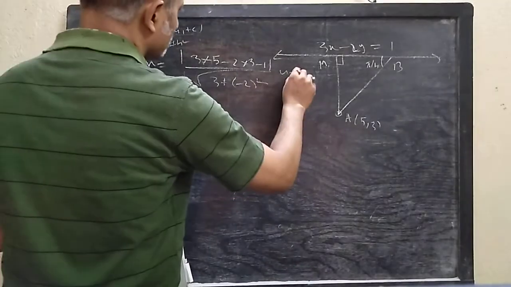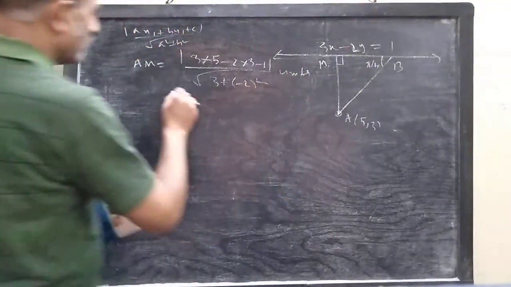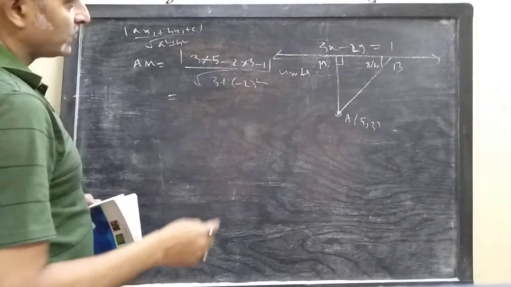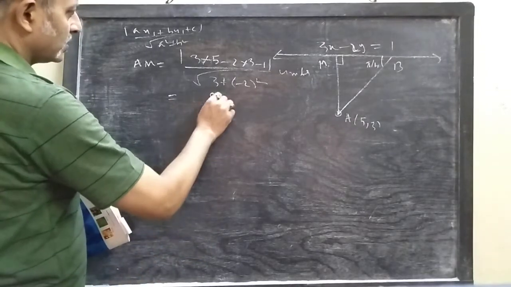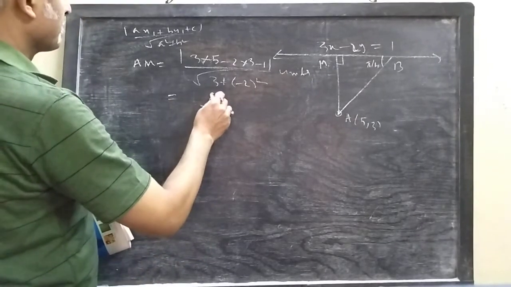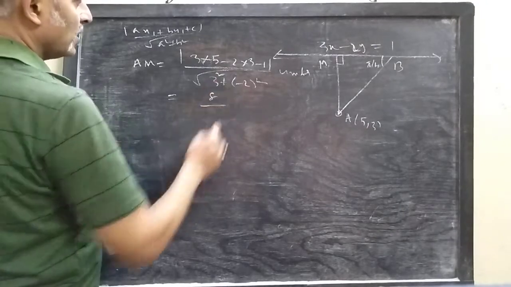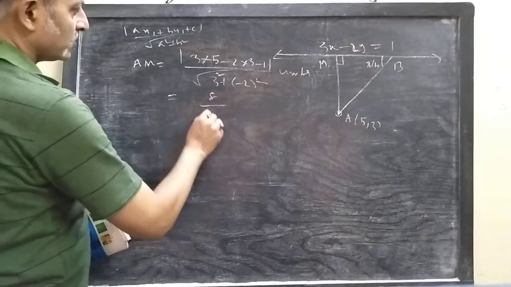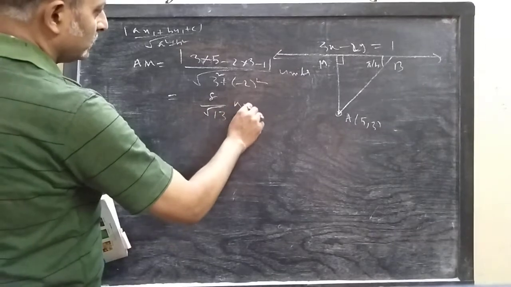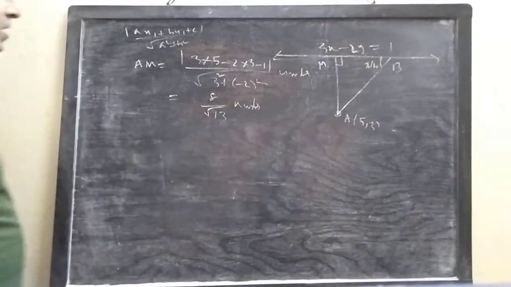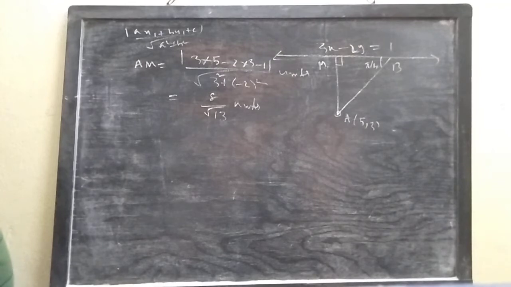This will be 15 minus 6 minus 1, which is 8 by root over 13 units.